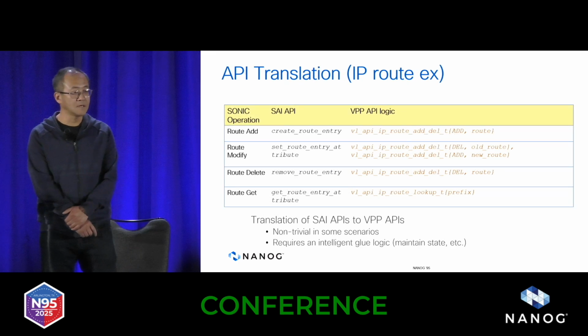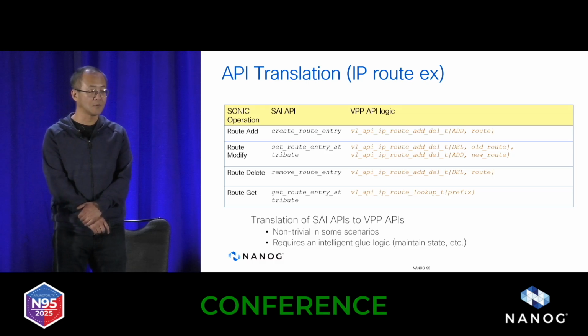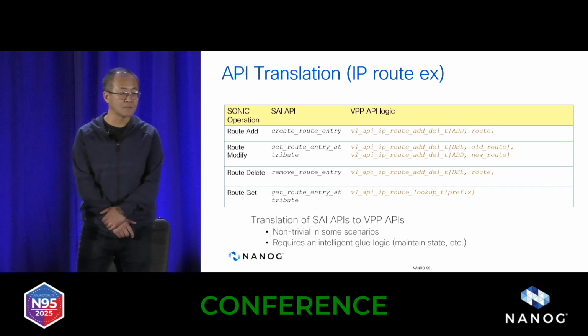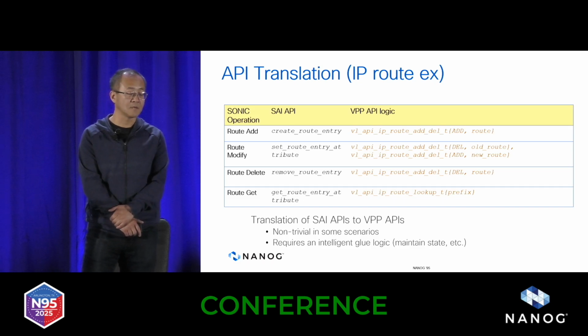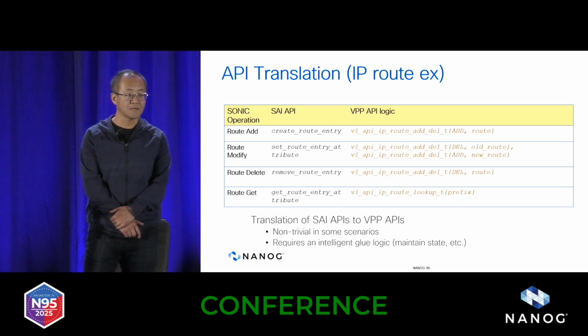Here we use IP route as an example to show how we translate between the SAI API and the VPP API. In this table, the first column on the left shows the SONiC operation: add, modify, delete, and get. The center column is the SAI API, and on the right is the corresponding VPP API.